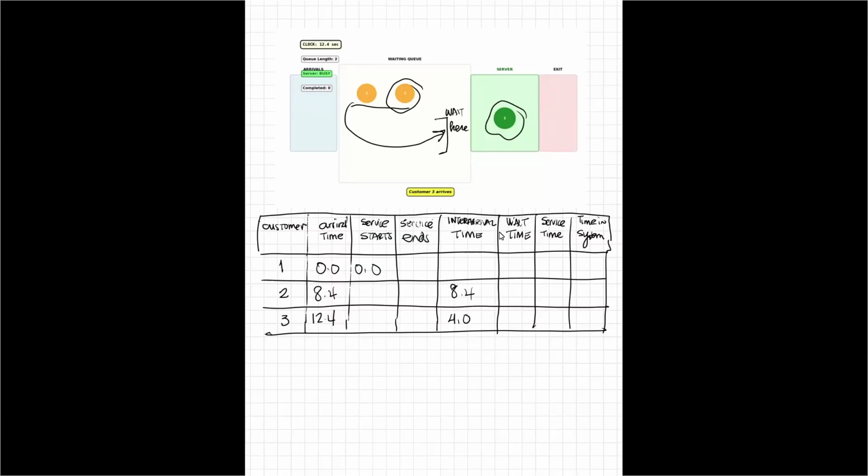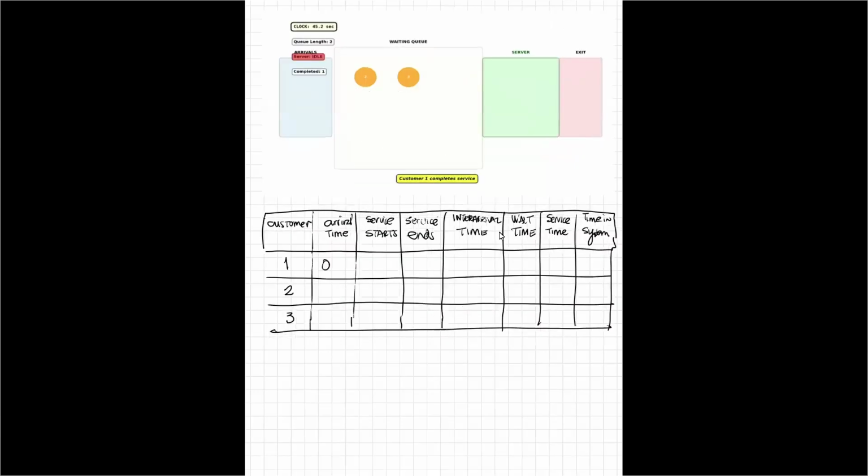Okay, all good. So let's see what happens next. Either customer 4 will arrive or maybe hopefully customer 1 will finish. Let's find out. Let me copy the info again.